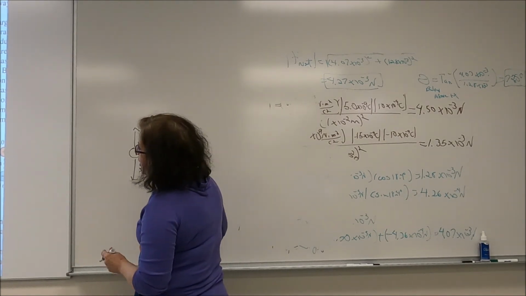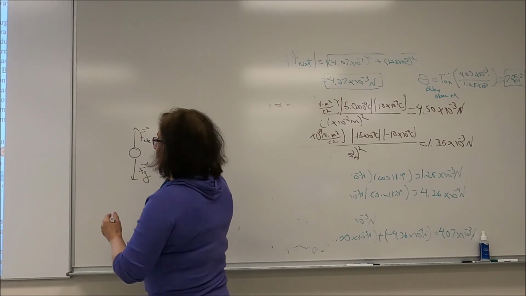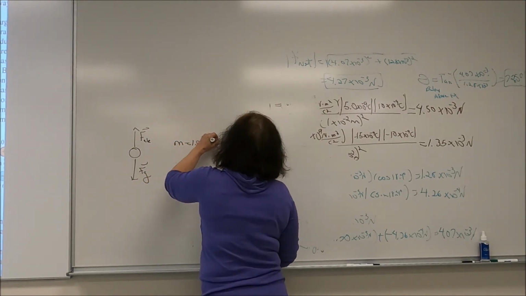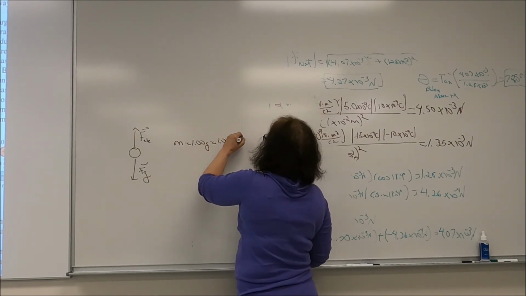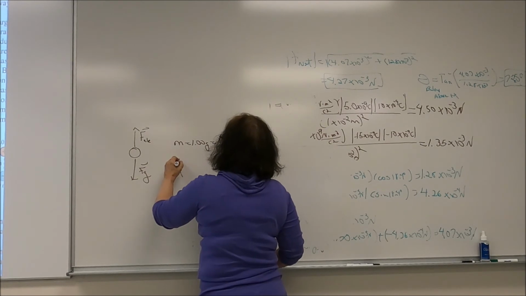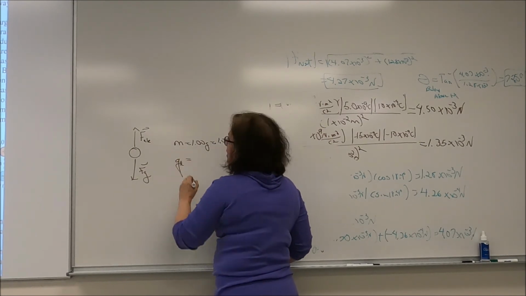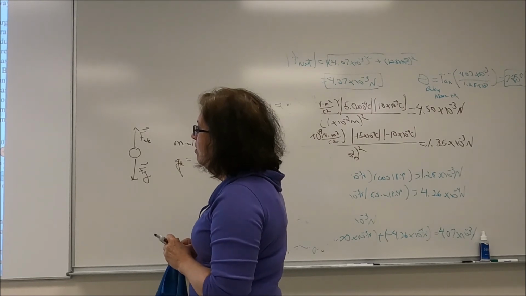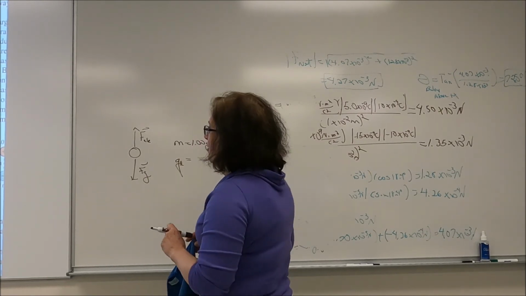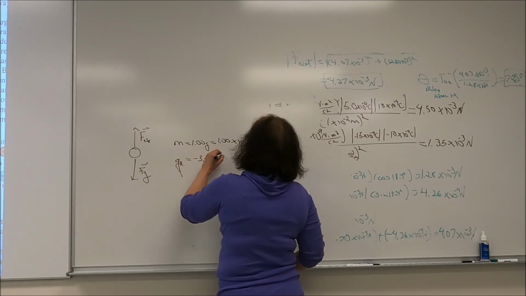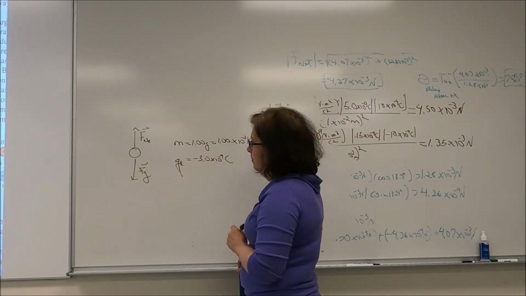Things that we know about this guy: our mass is 1 gram, so it's 1.00 times 10 to the -3 kilograms. And its charge, which I'll label Q_T because this is what's going to be experiencing the field, is -3.0 times 10 to the -9 coulombs.